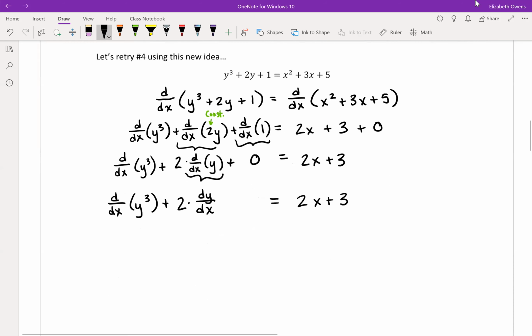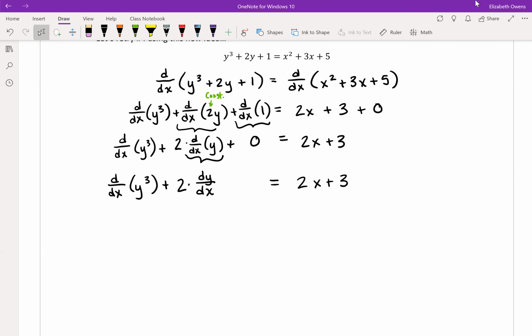Okay, now for the toughest part of this, the derivative with respect to x of y cubed. That part, we need to think about the fact that y is a function of x. So we are taking the derivative of y, which is a function of x, getting cubed. And so this actually becomes a little tiny chain rule that we have to do.